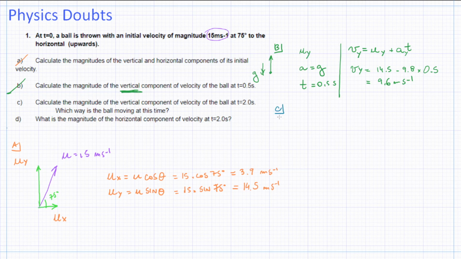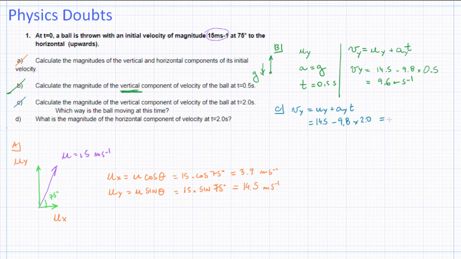Now letter C. Calculate the vertical component of the velocity of the ball at t equals 2 seconds. So let's see. If we apply the same equation, vy equals uy plus ay t, my initial velocity is still 14.5 minus 9.8 times 2.0.